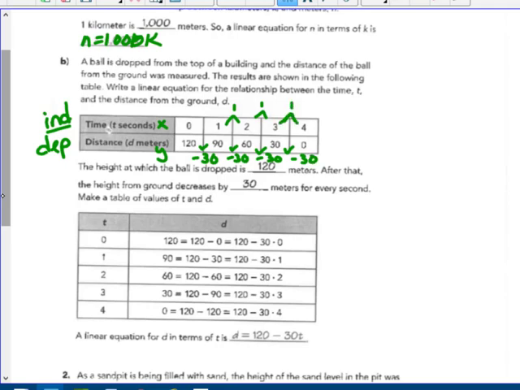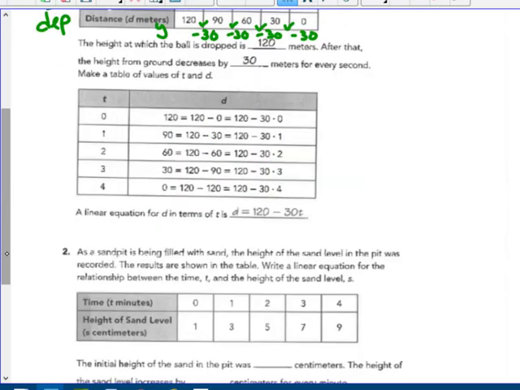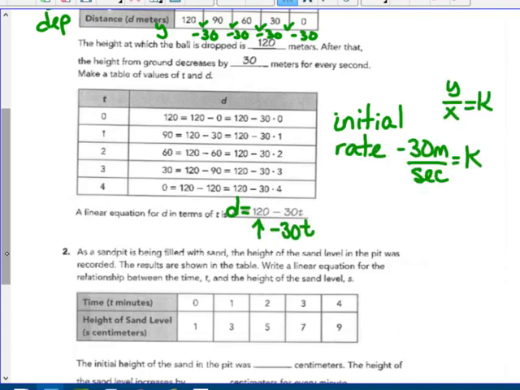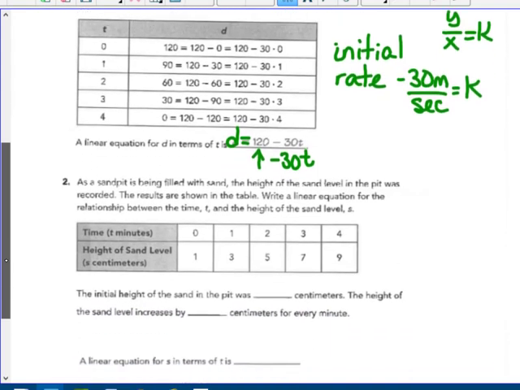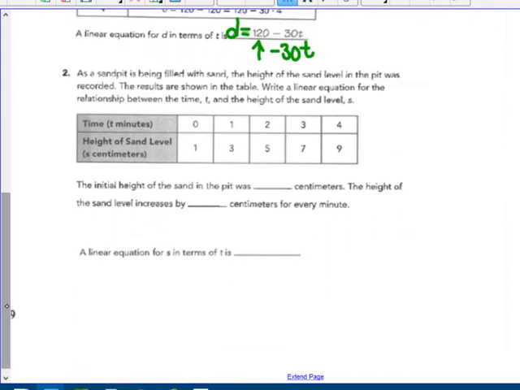From 3 to 4 seconds is 1, correct? The distance, d, is equal to the initial starting point, which was 120, and the rate at which it's falling. So we need to find where we're starting and what the rate of change is. What's the constant in the relationship?